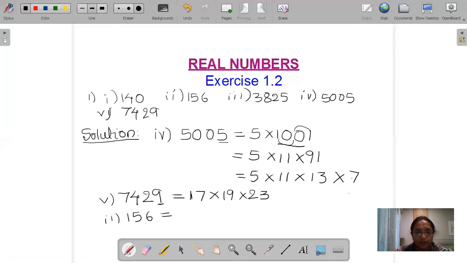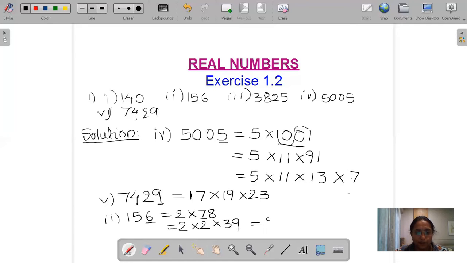Just observe here, in the units place 6 is there, so it will be divisible by 2. 2 I'll take, 2 sevens are 14, then 2 eights are 16. Again here 8 is there, it is divisible by 2. 2 into 2, 2 threes are 6, then 2 nines are 18.